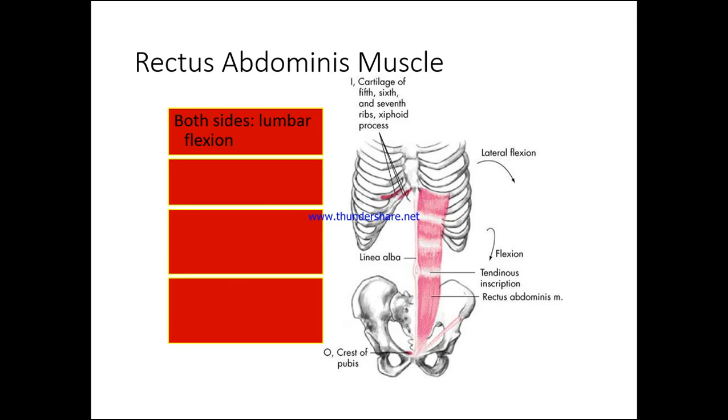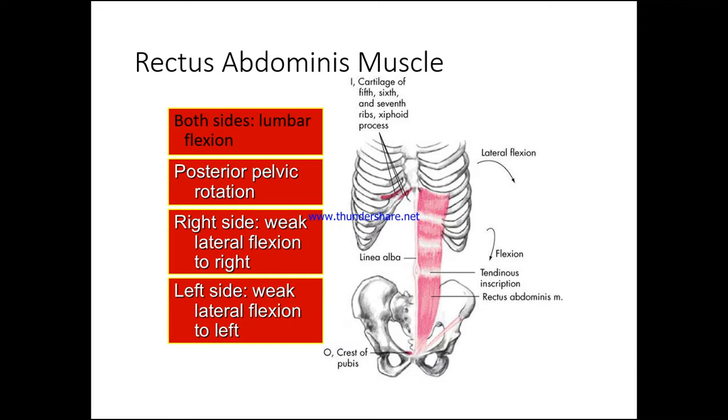So the rectus abdominis muscle, both sides, is responsible for lumbar flexion and posterior pelvic rotation; the right side gives weak lateral flexion to the right, and the left side weak lateral flexion to the left. You can see the origin and the insertion of the muscle itself: the cartilage of the 5th, 6th and 7th ribs and the xiphoid process, wrapping around and then attaching down at the crest of the pubis.